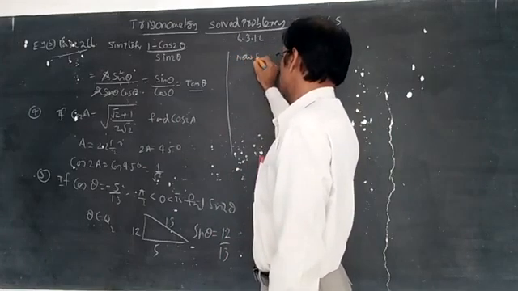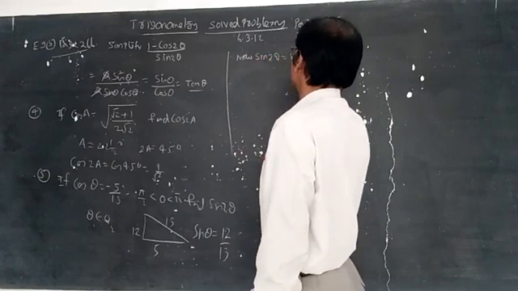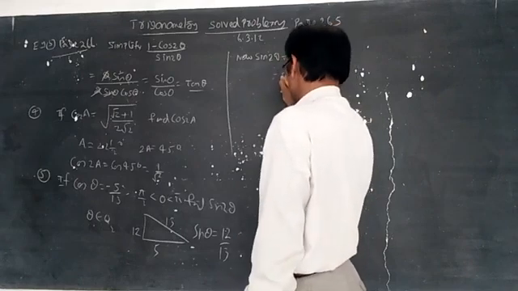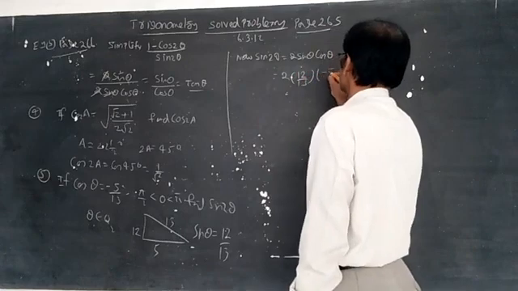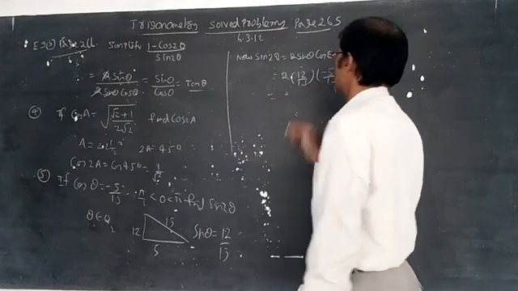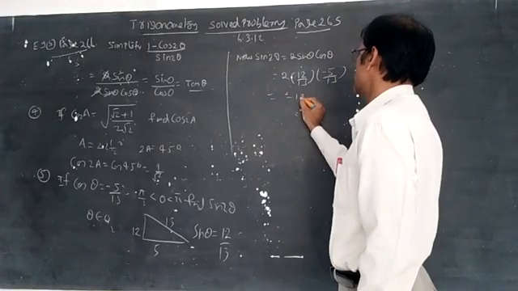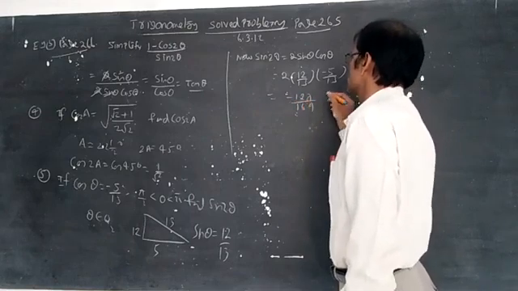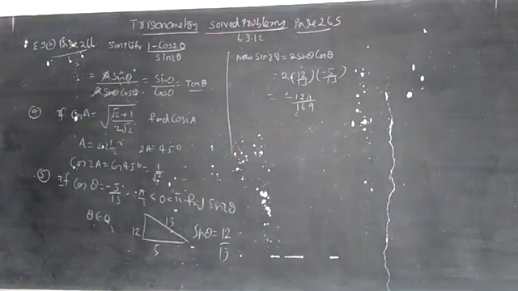Now you should calculate sin 2 theta. Sin 2 theta formula is 2 sin theta cos theta. So 2 into sin theta, which we got as 12 by 13, and cos theta already given as minus 5 by 13. So 2 into 12 is 24, 24 fives are 120. Minus 120 by 169. That's all. This is the value of sin 2 theta.